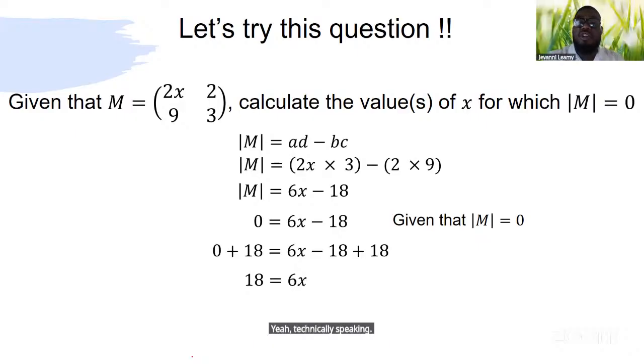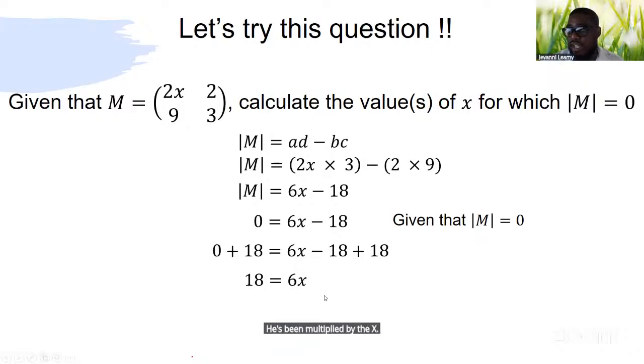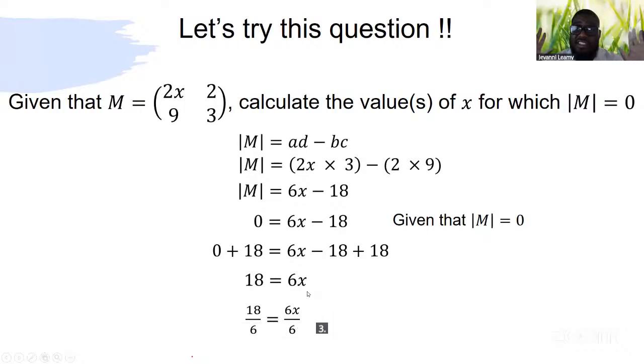The opposite of multiplying is dividing. Remember that the 6 is being multiplied by the x. So always remember that. This is how we divide both sides by 6. So what will x be? What is our value of x? 3. Just one answer we get, right? x is equal to 3.